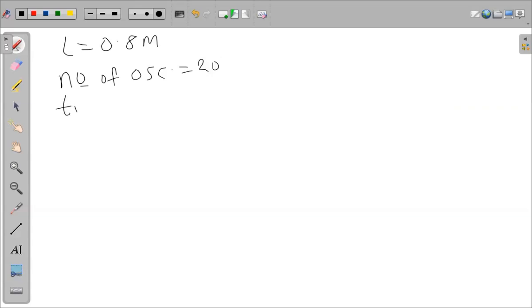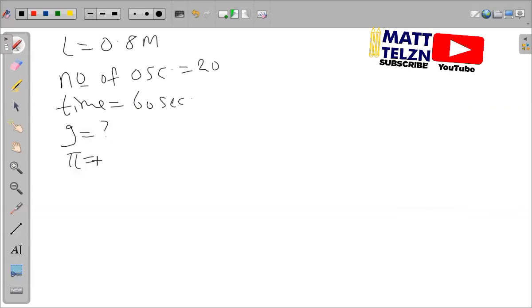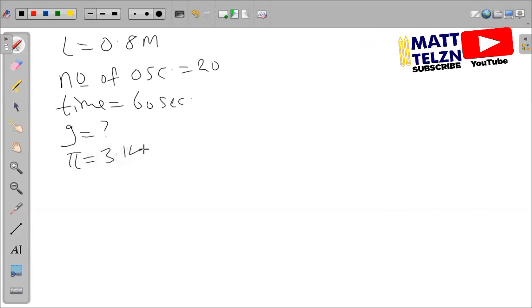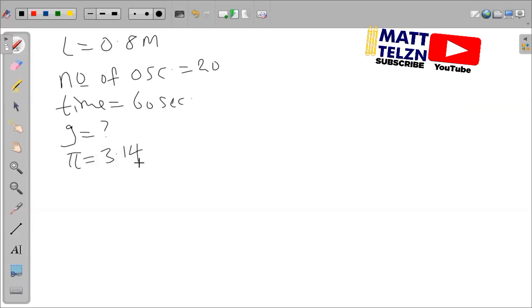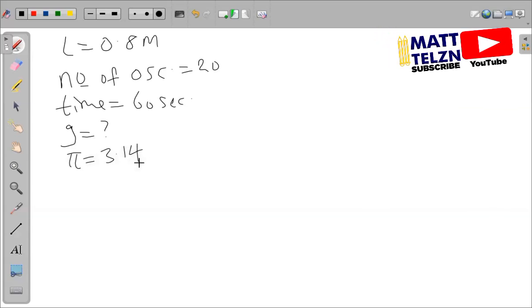So time is 60 seconds. Calculate the acceleration due to gravity. So acceleration due to gravity is small letter g. This is what they ask us to calculate. And pi is given as 3.14. Now this is what we have in the question.